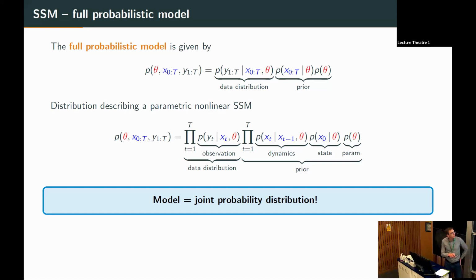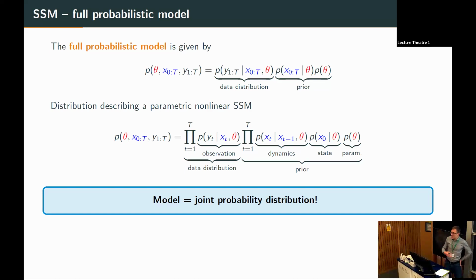So here we just have some prior distribution over theta. We have some prior over the initial state x0 conditional on theta. We have a product over all of these Markov transition kernels, and then we have another product here over all the observations.